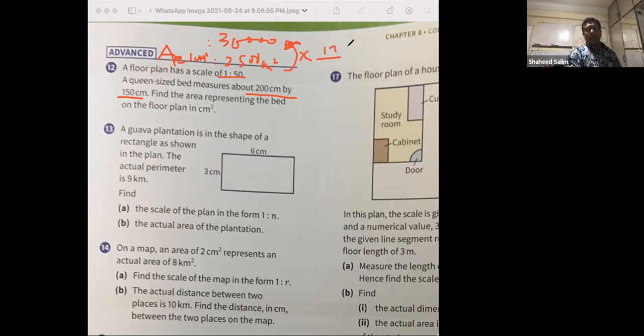So 1 cm square times 12 gets 12 cm square. So that's your first one.